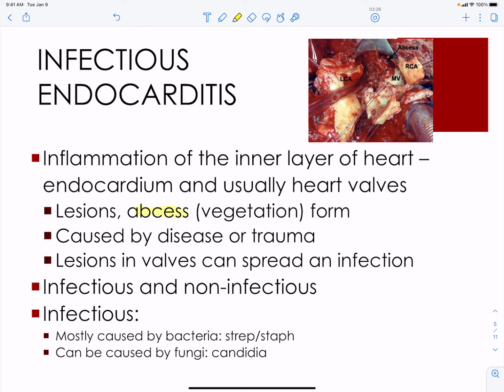This can be caused by disease or by trauma, but of course we're more interested in the disease-causing infectious endocarditis. This is primarily, again, going to be our normal flora bacteria, our streps and our staph. And it can also be caused by our normal flora fungi, Candida.